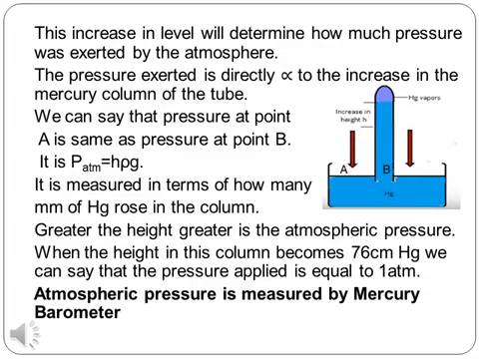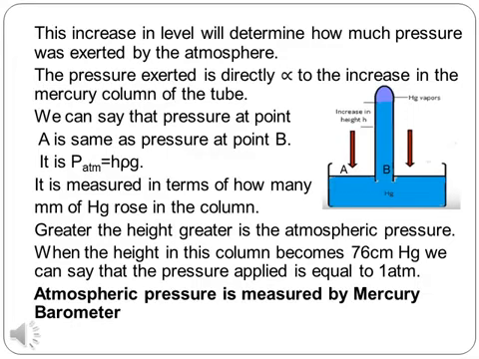Greater the height, greater is the atmospheric pressure. When the height in this column becomes 76 centimeters, it is read as atmospheric pressure equal to 76 centimeters of Hg. We can say that the pressure applied is equal to 1 atmosphere.